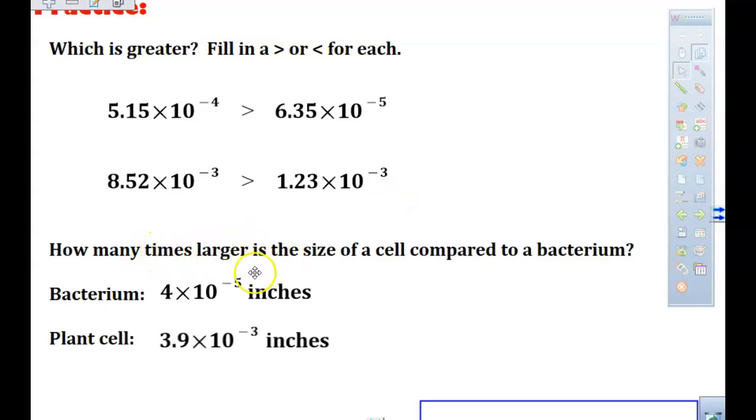Again, if we are looking at this one, and I ask you to compare. I know I was talking with Ms. Krenz, and we were talking about when you're comparing how many times bigger.